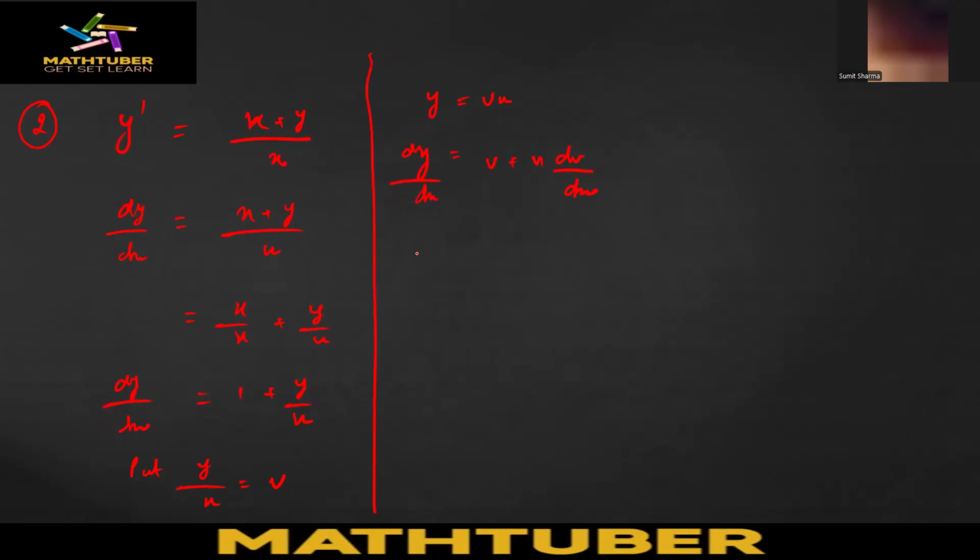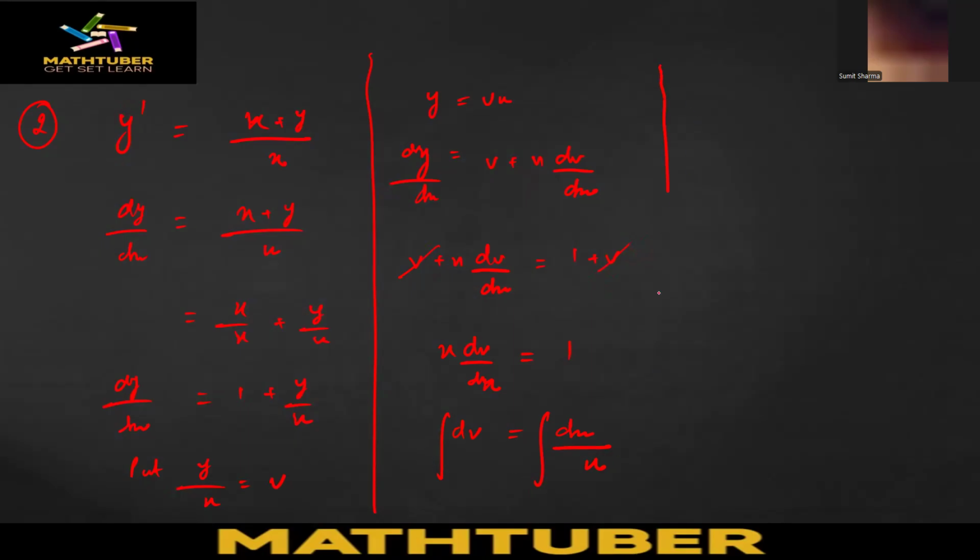So now if we put it in this equation, v plus x dv by dx is equal to 1 plus v. And you can see v can be cancelled here. You are now left with x dv by dx is equal to 1. And if we separate the variables now, you will get dv equal to dx upon x.